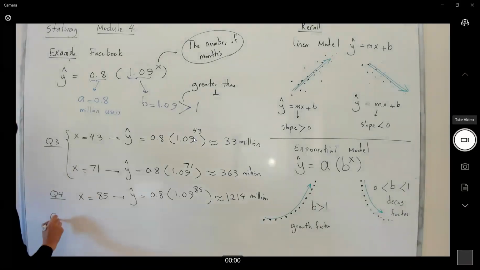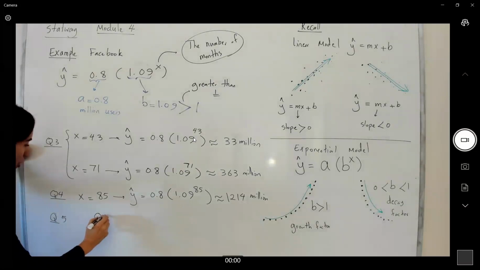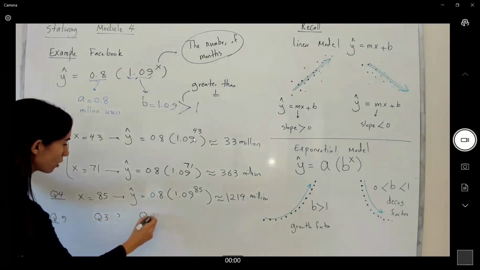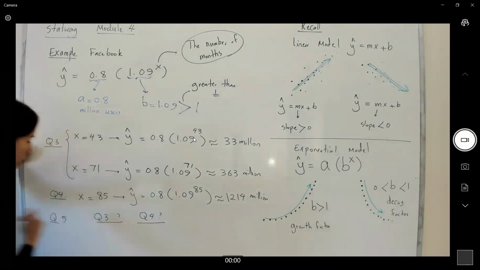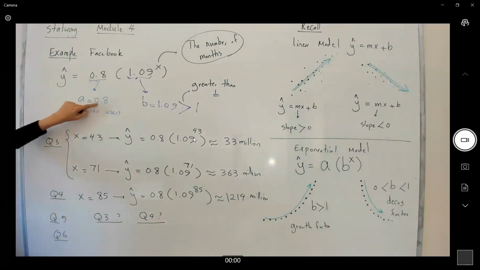So for question 5, which one is more reliable? The answers to question 3 or the answers to question 4? And for question 6, the initial number of memberships is 800,000 users.